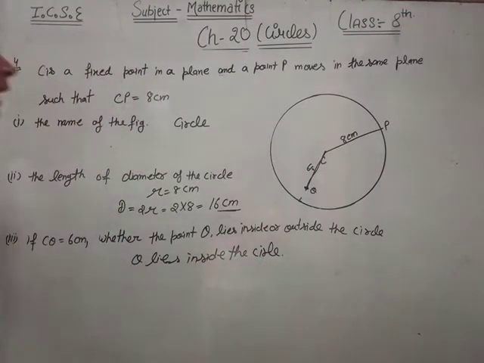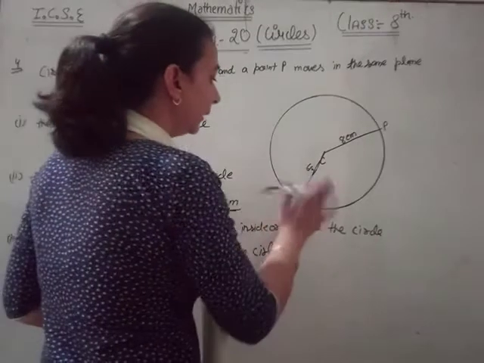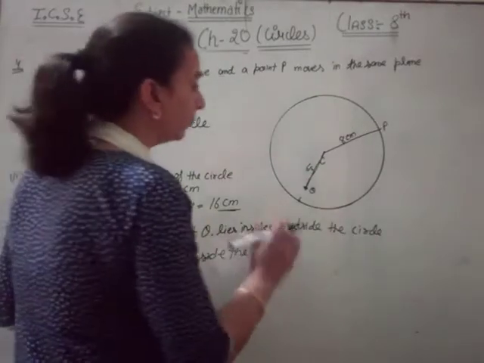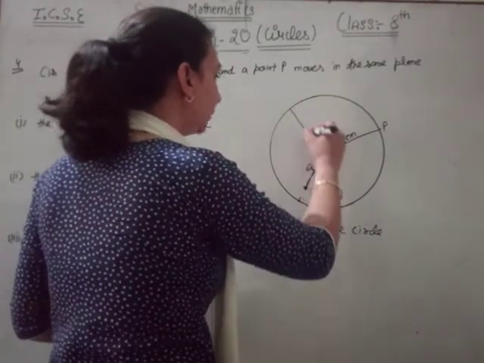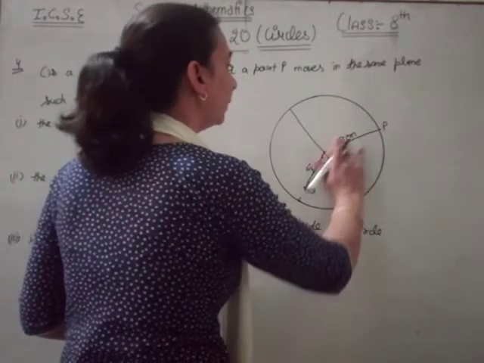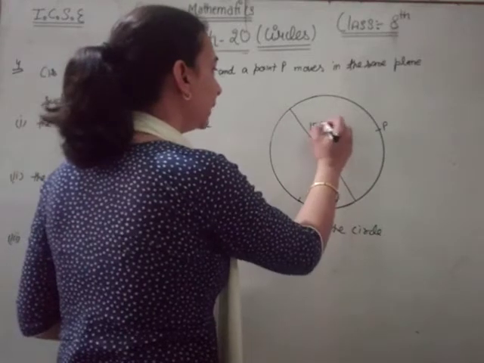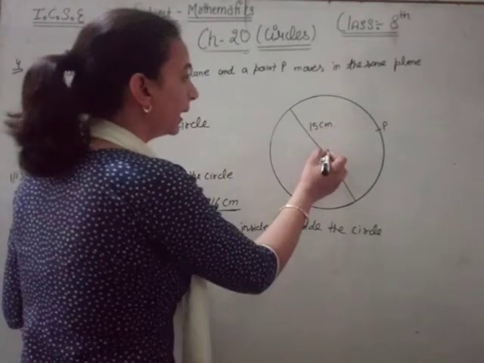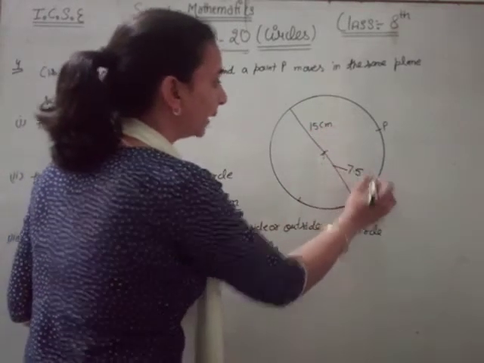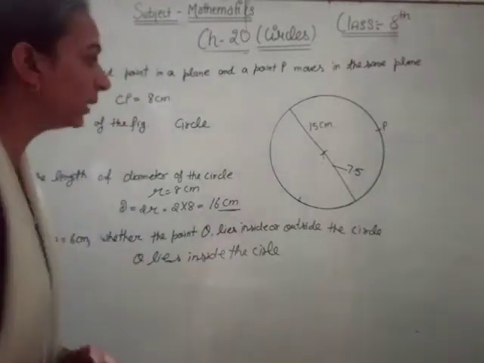Okay student, according to the next question, if we take a diameter of 15 centimeters, then what is the radius? Then the radius is 7.5 centimeters, half of the diameter.